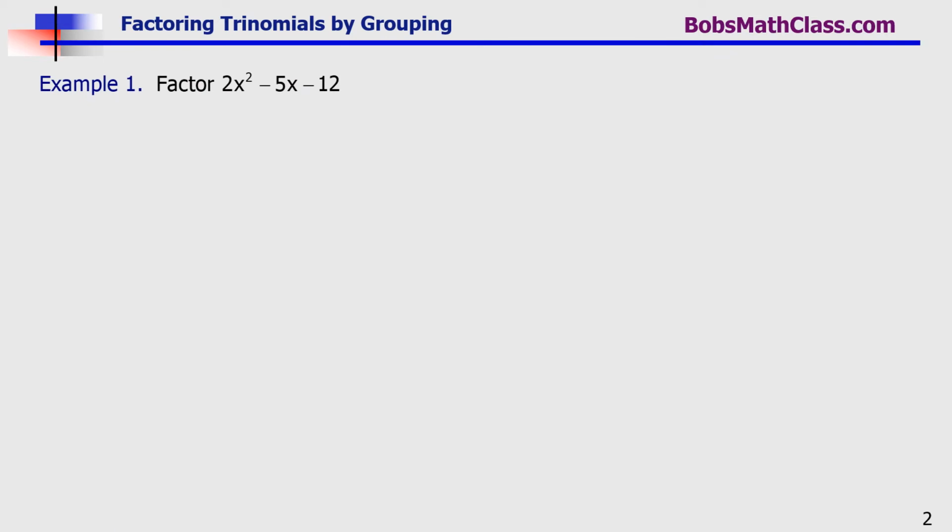Here's our first problem. 2x squared minus 5x minus 12. Now in these first few examples, these trinomials are already written in descending order, and there is no GCF. In later examples, we'll do some problems where they're not in order, or there is a GCF.